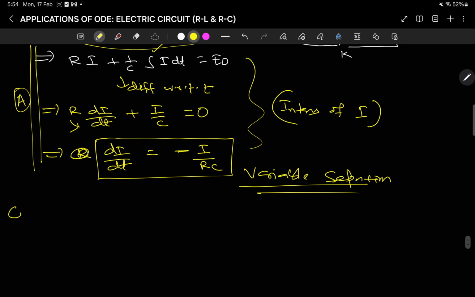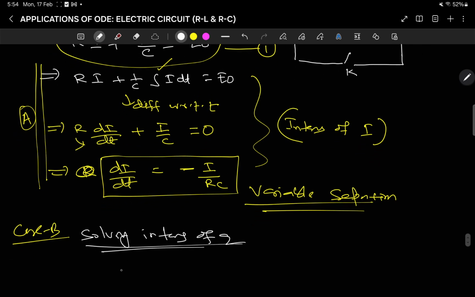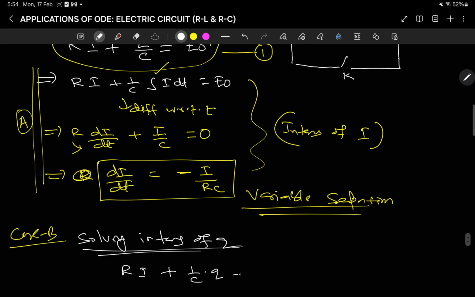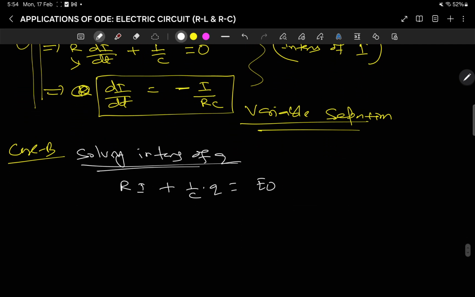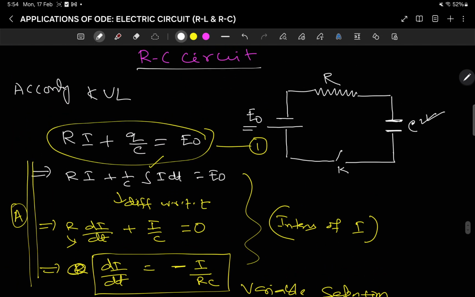Solving case B, in terms of Q. So Ri plus 1 by C Q is equal to E0. Since I is equal to dq by dt, R dq by dt plus 1 by C Q is E0, since Q is the integral of I dt.